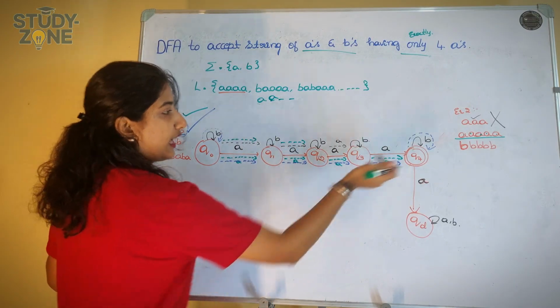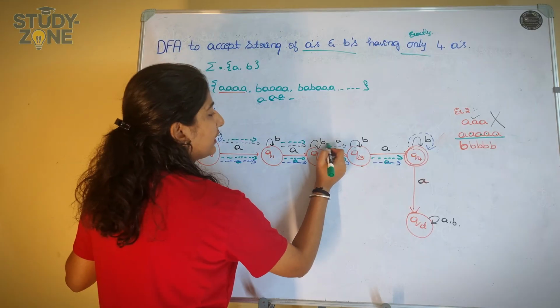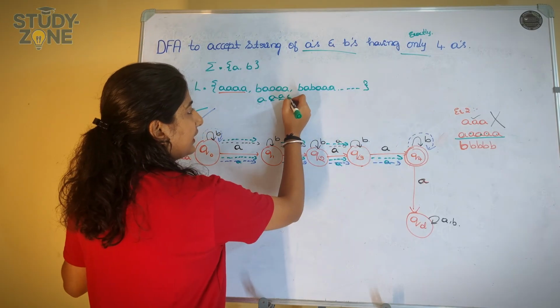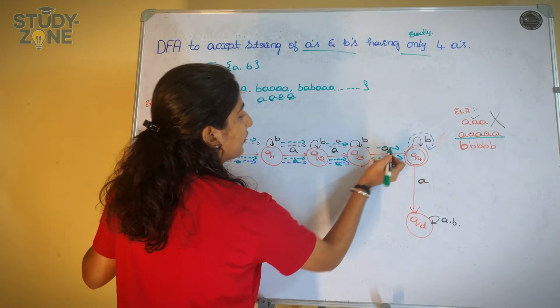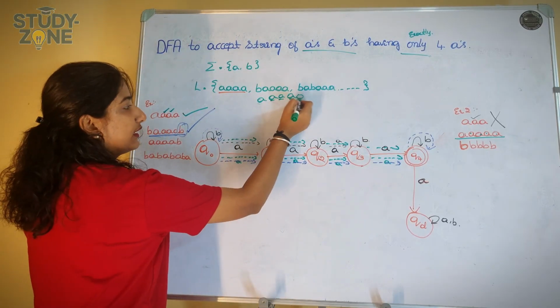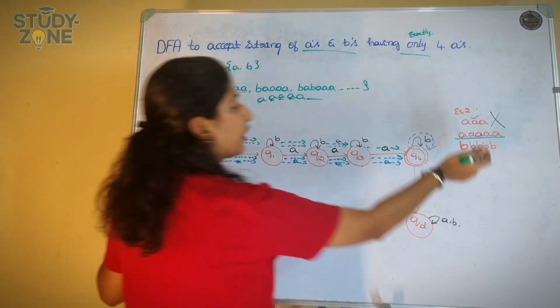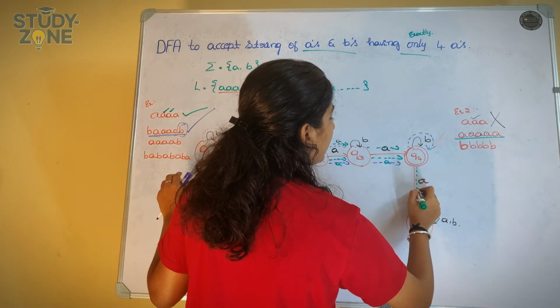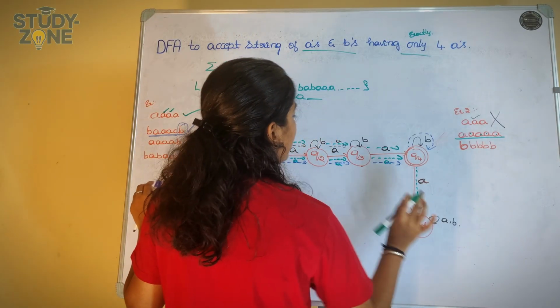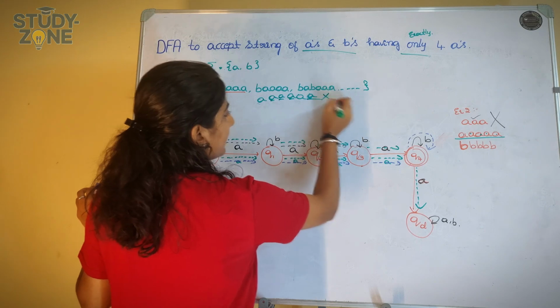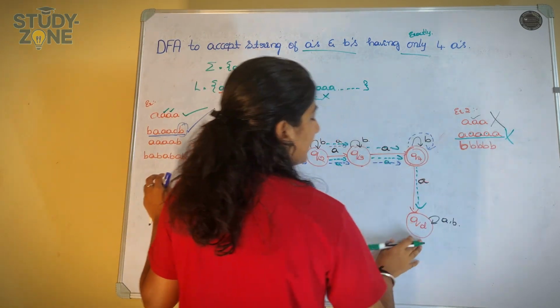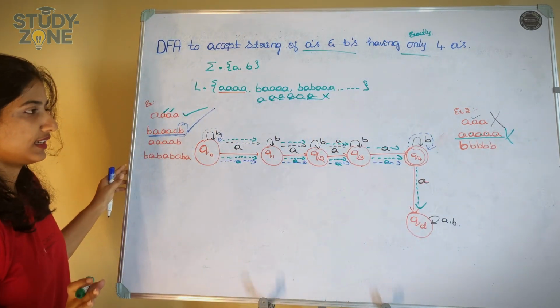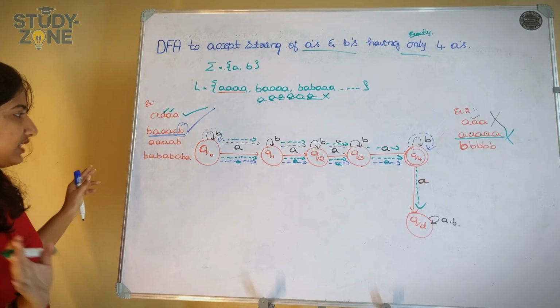So next another A. Move to the next state. I got another A. Move to the next state. Wow, it's nice. But the case is I have one more A. So move to the dead state because this one should get rejected. So this is in the trap state, that is the dead state. So that one is getting rejected.